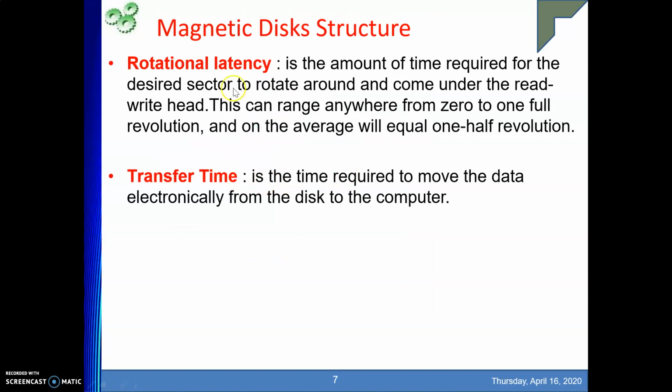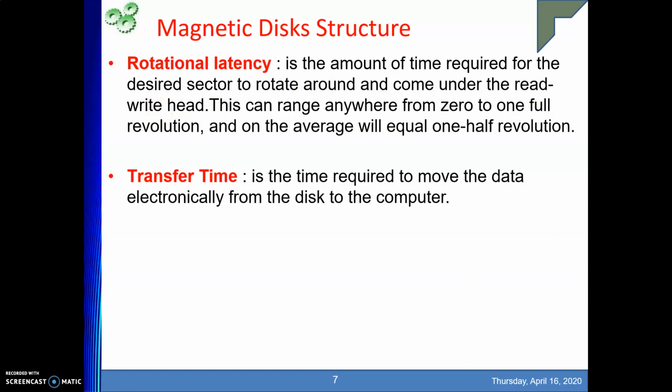The next is rotational latency, the amount of time required for the desired sector to rotate around and come under the read-write head. See, first we have made our read-write head sit under the particular track or cylinder. Now inside the track, many sectors are there. Among them, our data block will be in one. So we need to bring that sector under the read-write head.